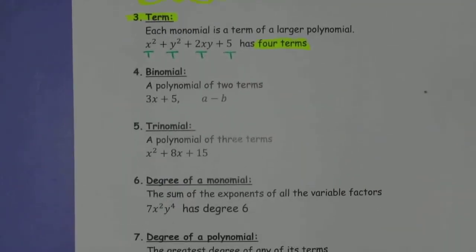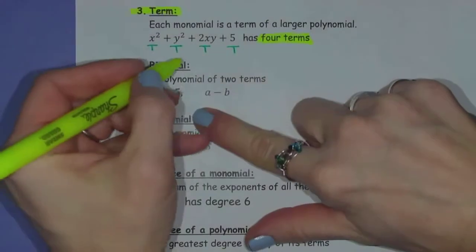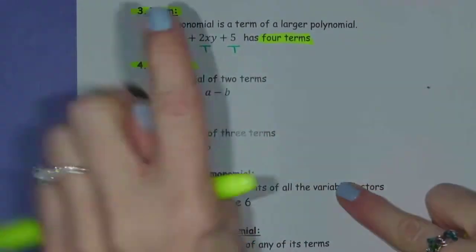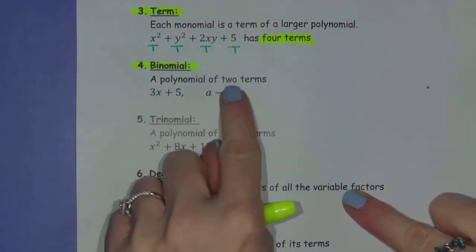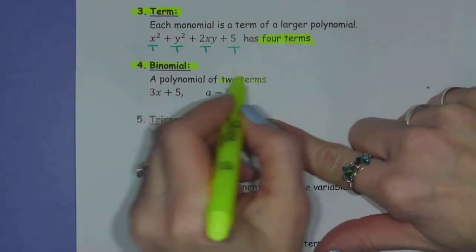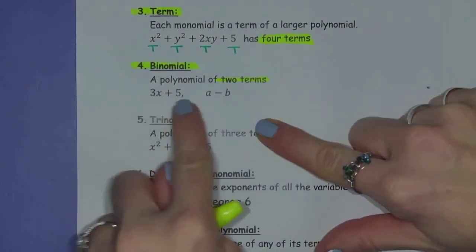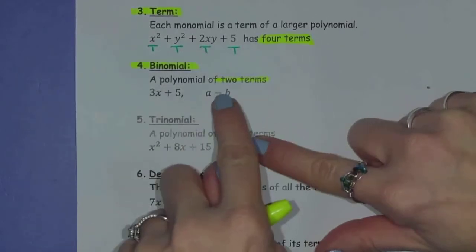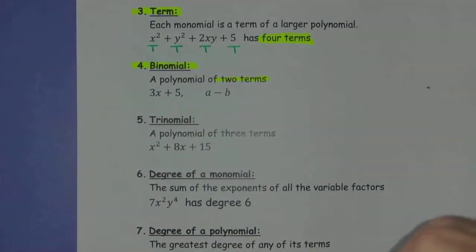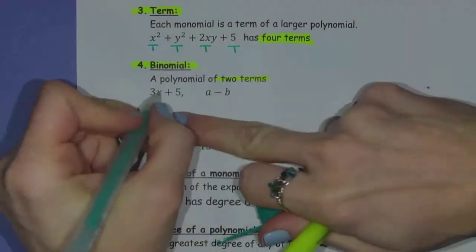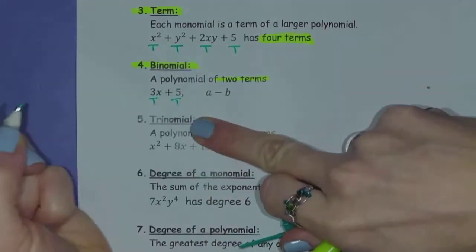Okay, couple to go here. Binomial. Well, bi means two. So binomial is defined as a polynomial of 2 terms. So 3x plus 5, binomial, 1, 2, a minus b. So this has 2 terms, capital T for term. That's got 2.